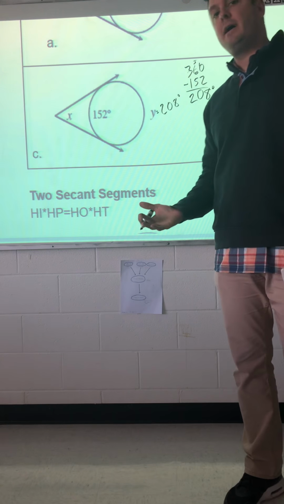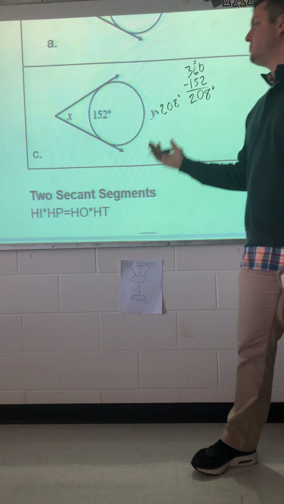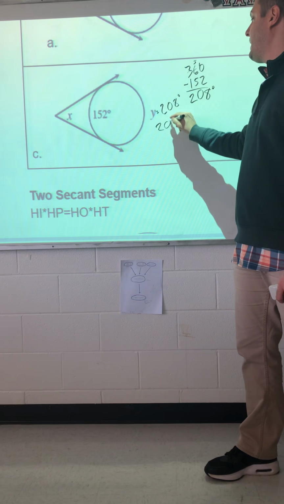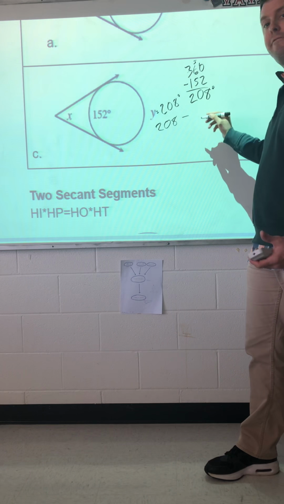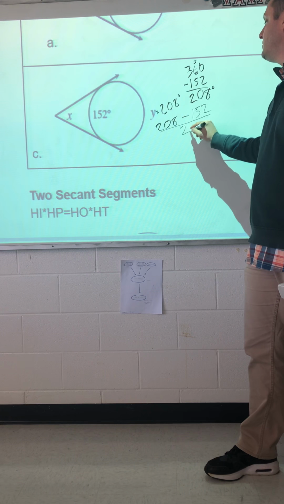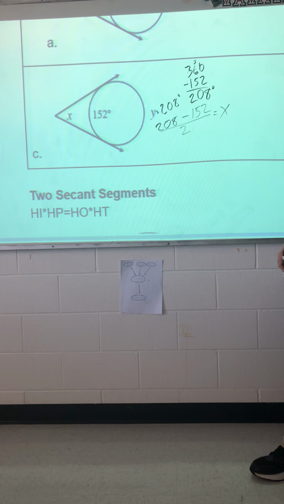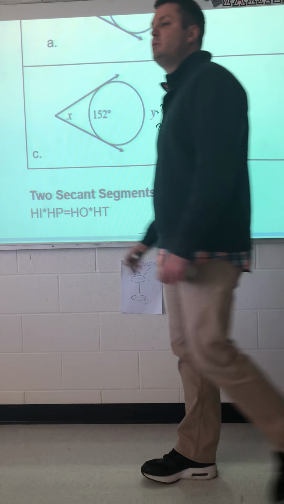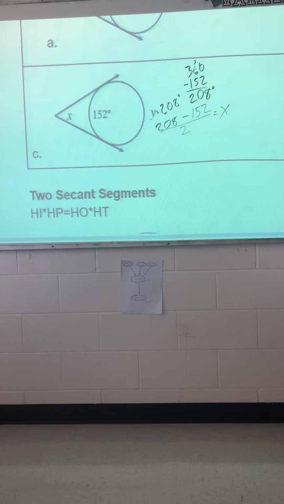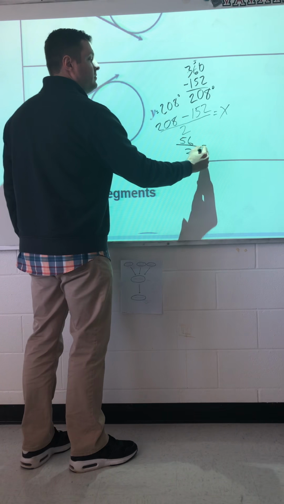Once you have that set up, now we can go big arc minus small arc divided by 2 to get our angle. So 208 big arc minus 152 small arc divided by 2 would equal our angle, which is x. So on this one, I actually want to subtract that. 208 minus 152, which is 56, divided by 2 equals x.